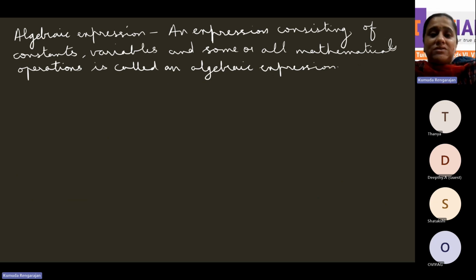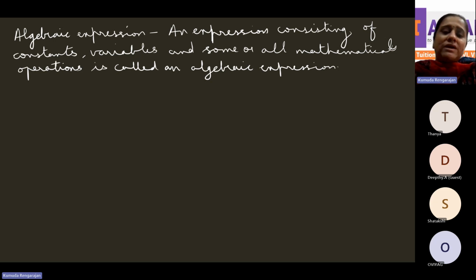Because we're using variables. So an algebraic expression is an expression consisting of constants, variables, and some or all of the mathematical operations. Maybe an expression has only the plus sign, or maybe it has the plus and minus sign, or maybe it has the plus and the multiplication sign. It's okay.